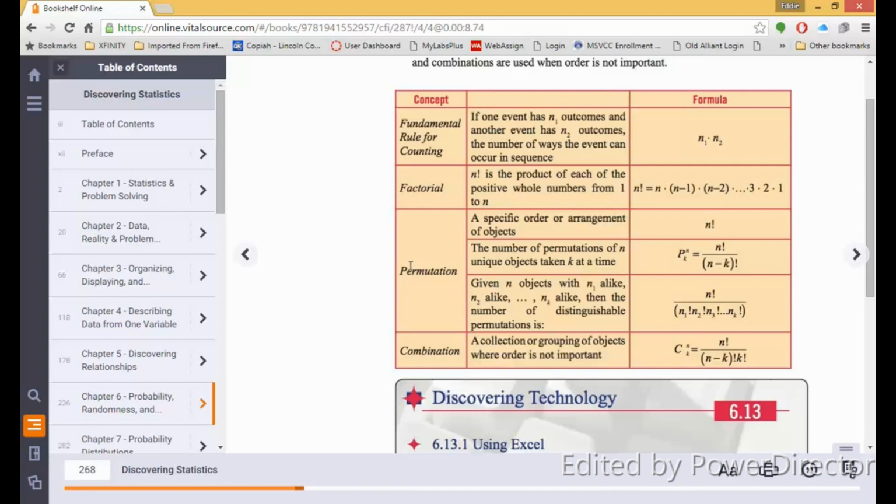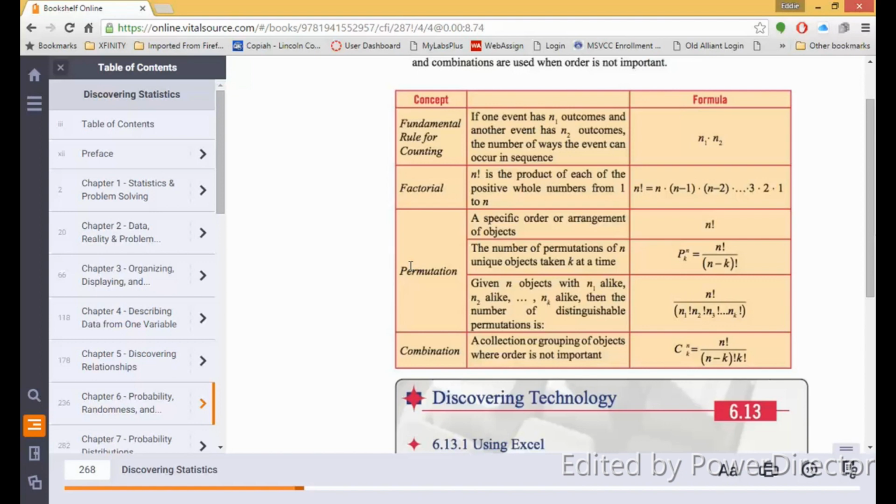Telling if a problem is a permutation or a combination is going to depend on whether order matters or order doesn't matter. Okay? If order matters, then it's a permutation. If order does not matter, it's a combination.